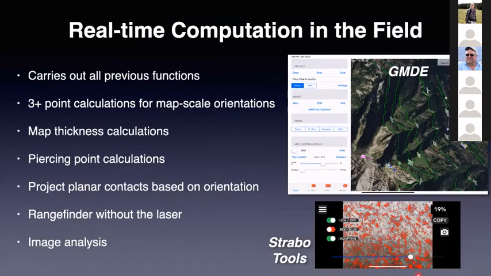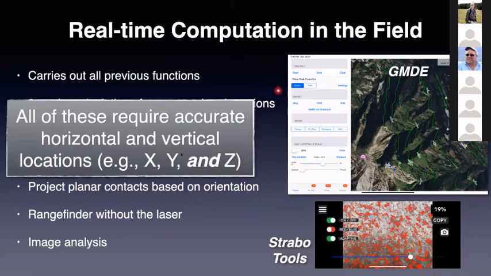And GMDE Mobile, which I'll show you here in a minute, demo here for you in a minute, does all of these functions. And it can do them because GMDE Mobile not only provides us with horizontal location, X and Y, with the GPS in the device, but because you can upload an offline digital elevation model, you also have Z. And when you have X, Y, and Z, you can do all sorts of interesting calculations.